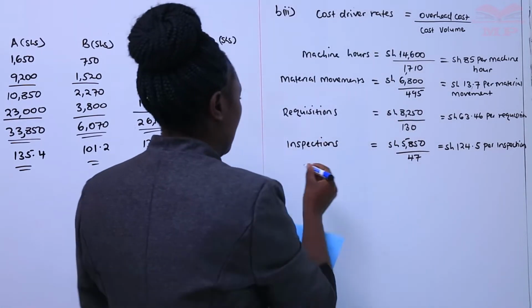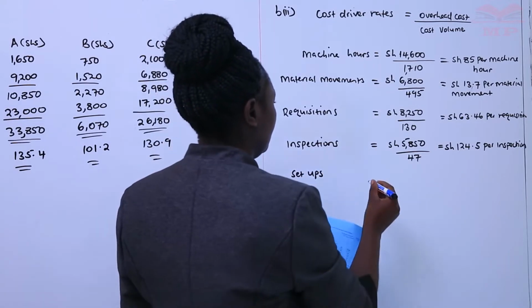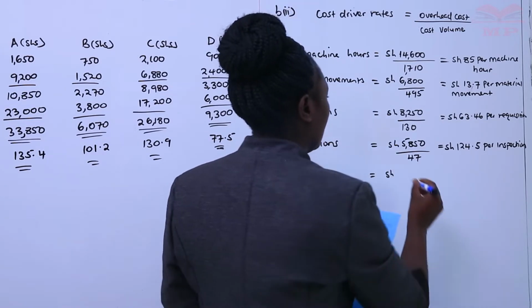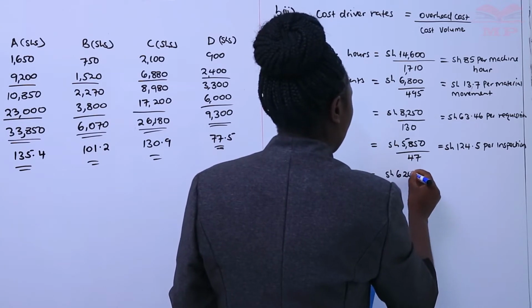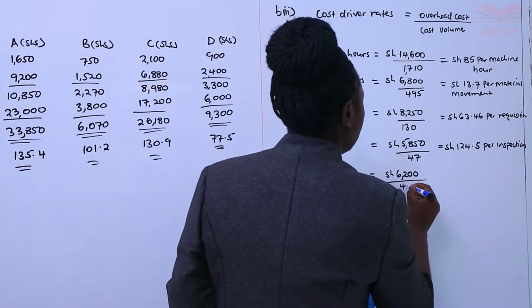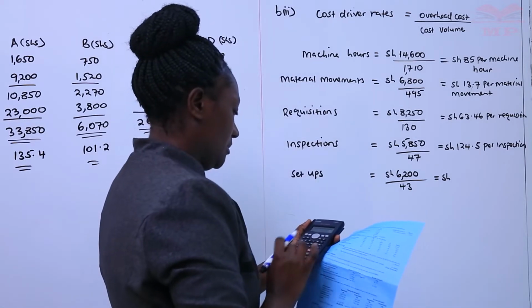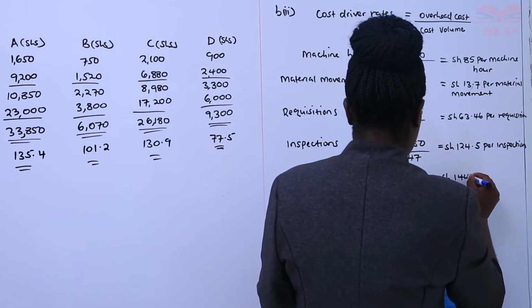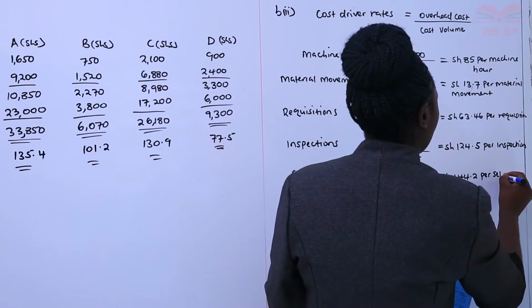The next is setups, where the overhead is 6,200. Divide this by the volume, which is 43, and you'll get 144.2 per setup.